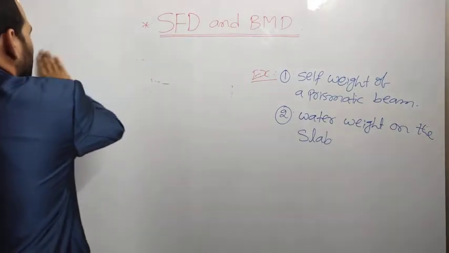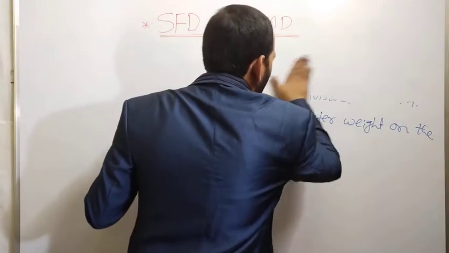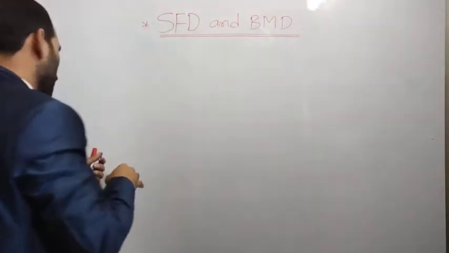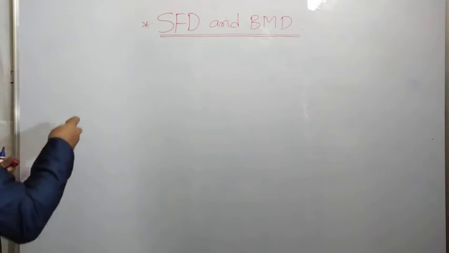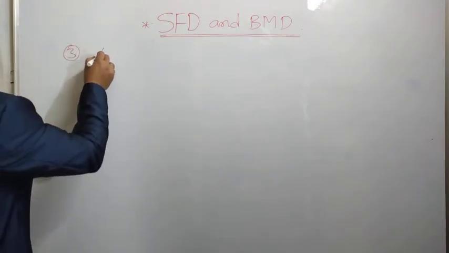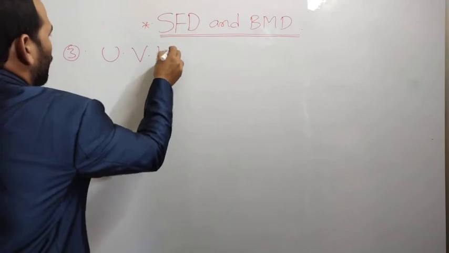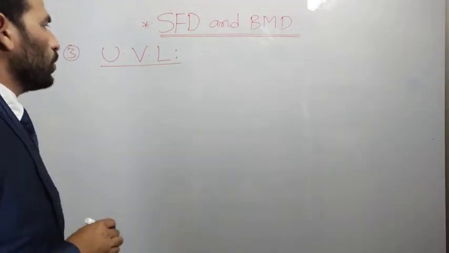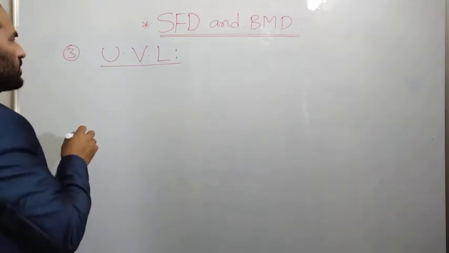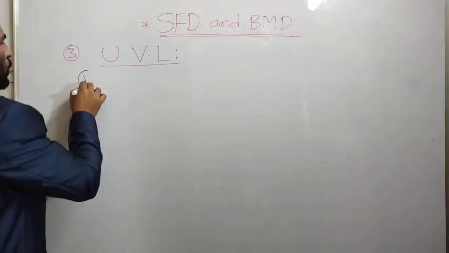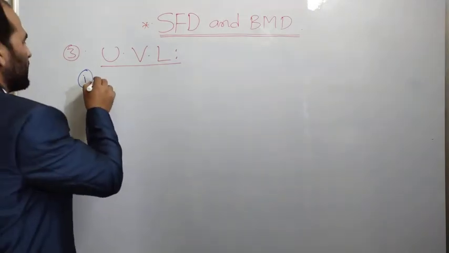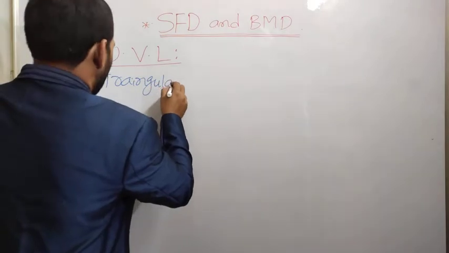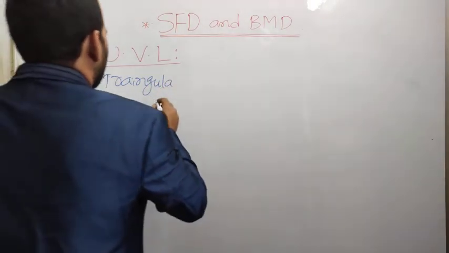The next, third type of load is UVL, uniformly varying load. In this uniformly varying load, two types of loads are there. Number one is triangular load.